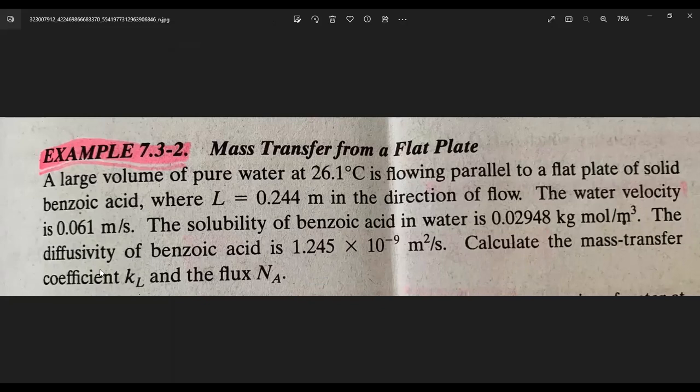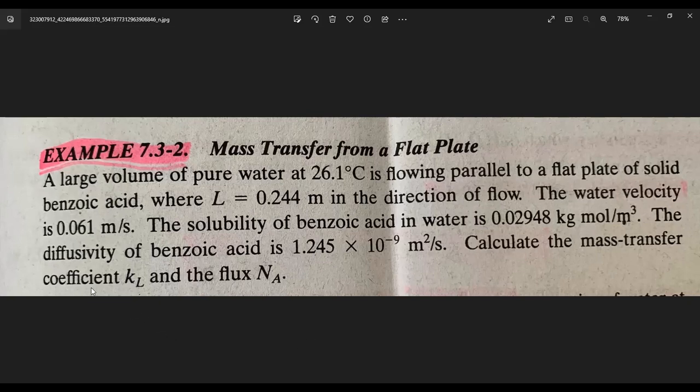In this case, you're given a large volume of pure water at 26.1 degrees Celsius flowing parallel to a flat plate of solid benzoic acid, the length of which is 0.244 meters in the direction of flow. So your pure water is going parallel to the flat plate with this length.